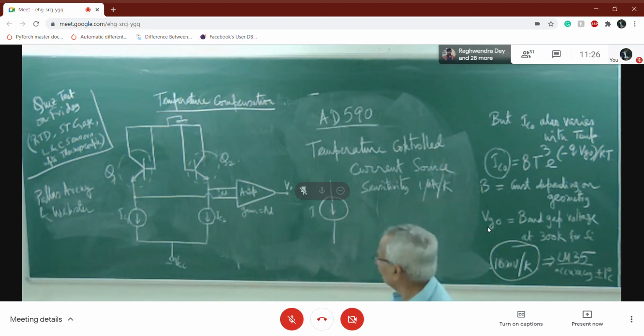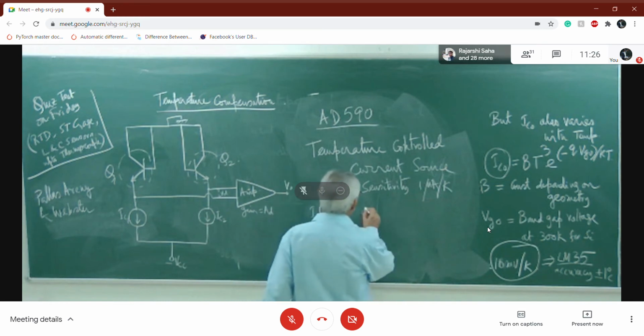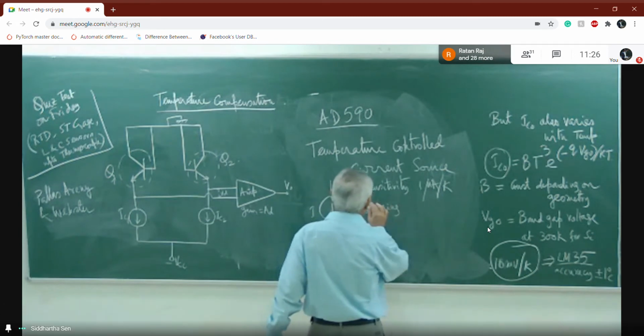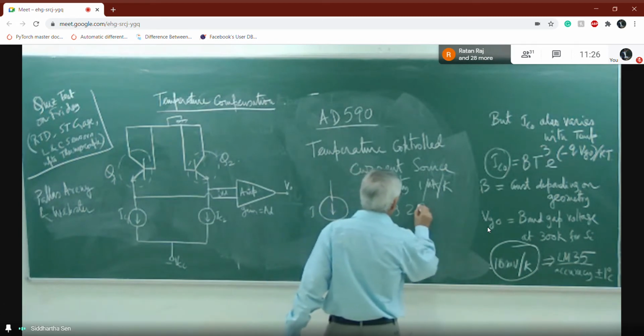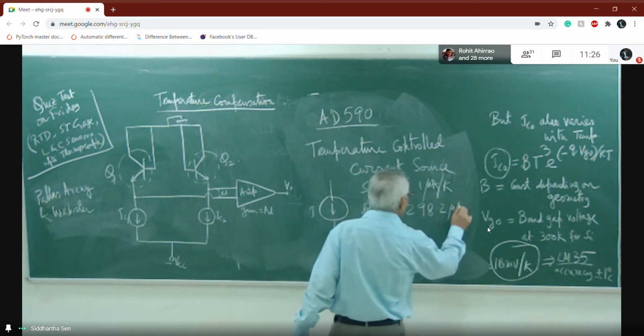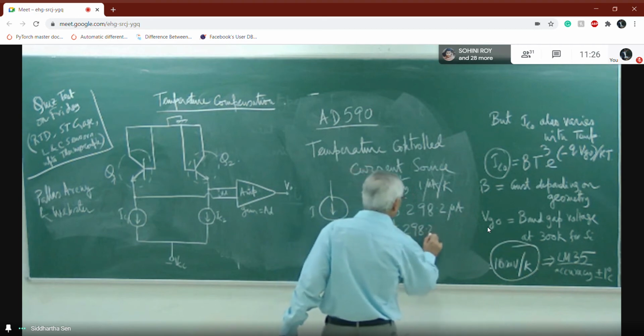You can calculate. It is very sensitive and very stable also, and it is delivering 298.2 microampere at 298.2 Kelvin.